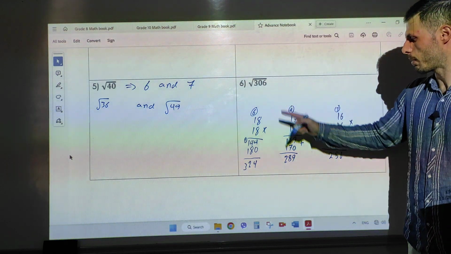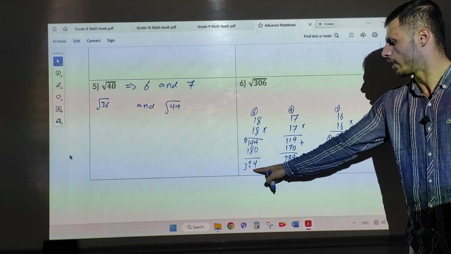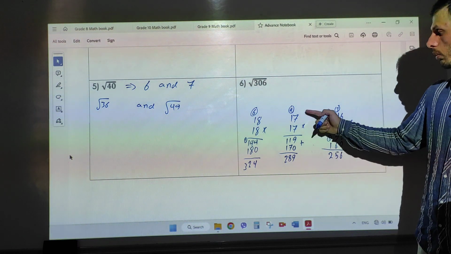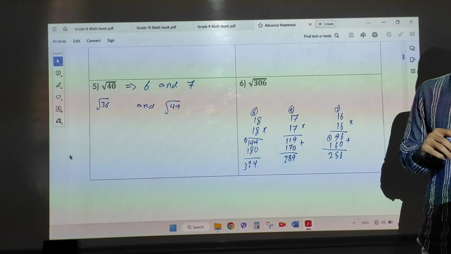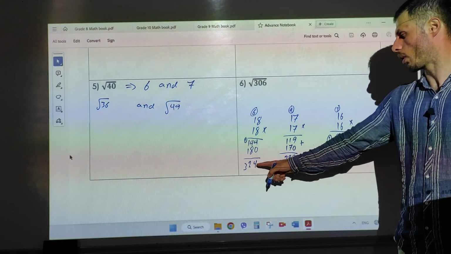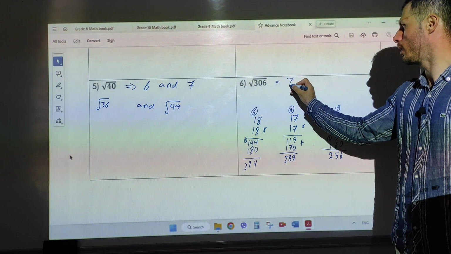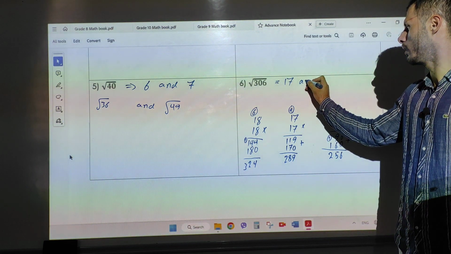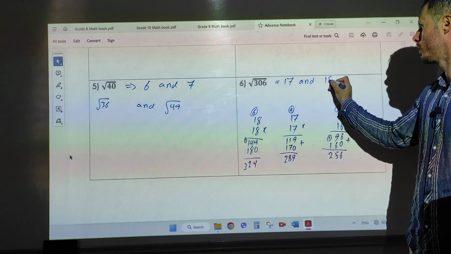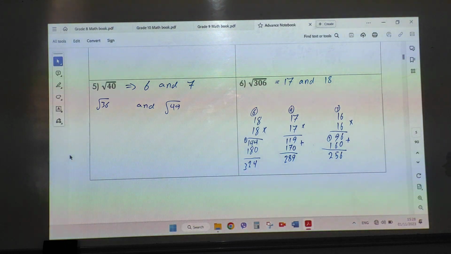It means this number is between these two, between 17 and 18. It's between the square roots of these two. You will say 17 and 18. That's it about this one.